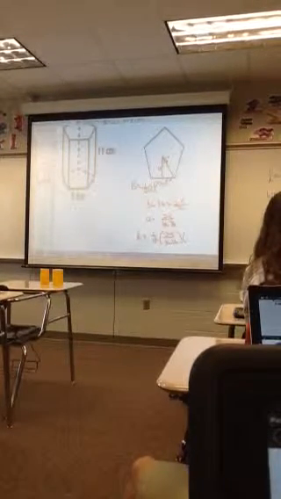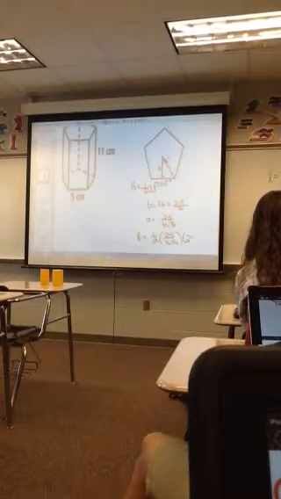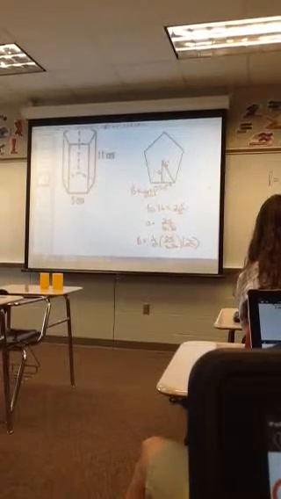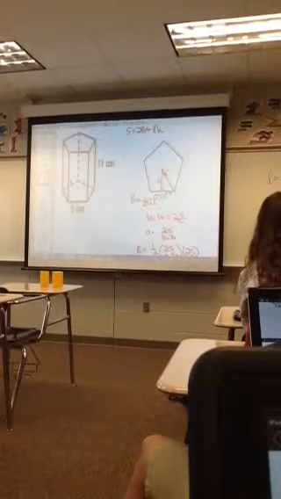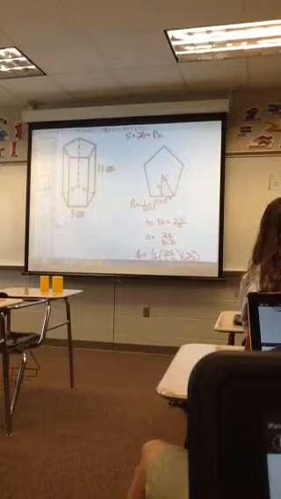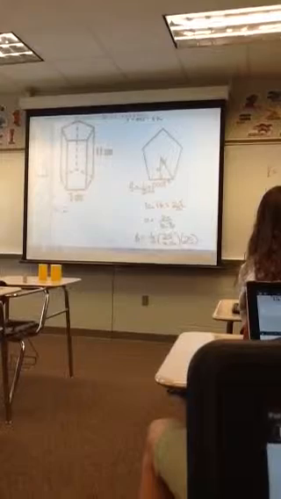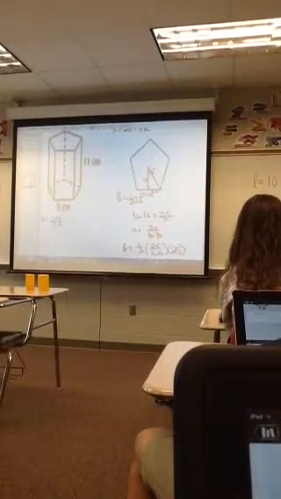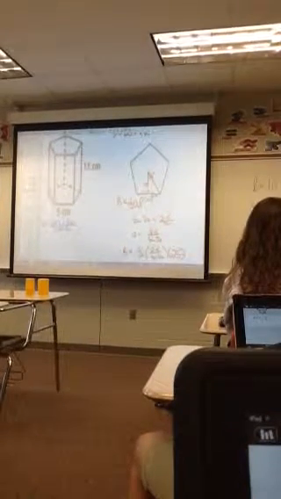So what is the perimeter? 25, because it's 5 times 5. Okay, so then we're going to plug into this formula. So that half cancels out. The area of the base is here. So couldn't we just take out the 1/2?